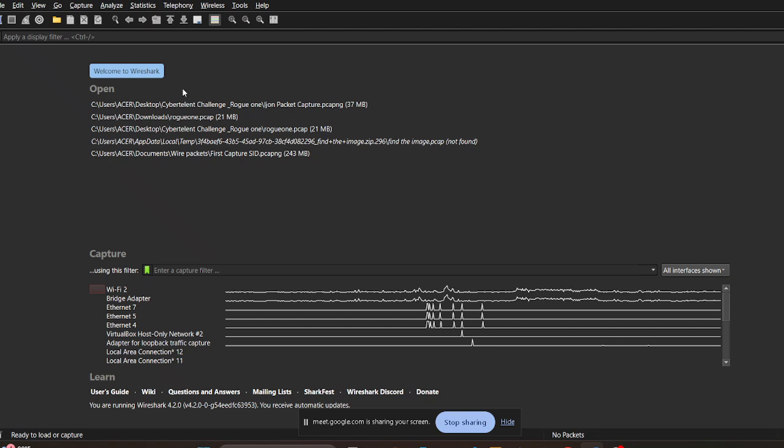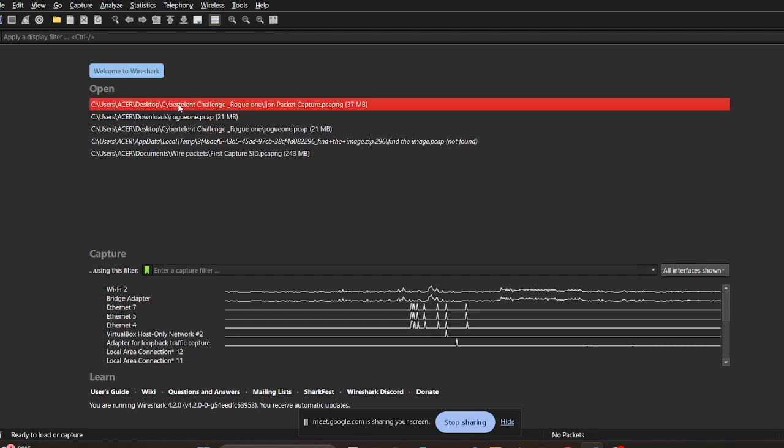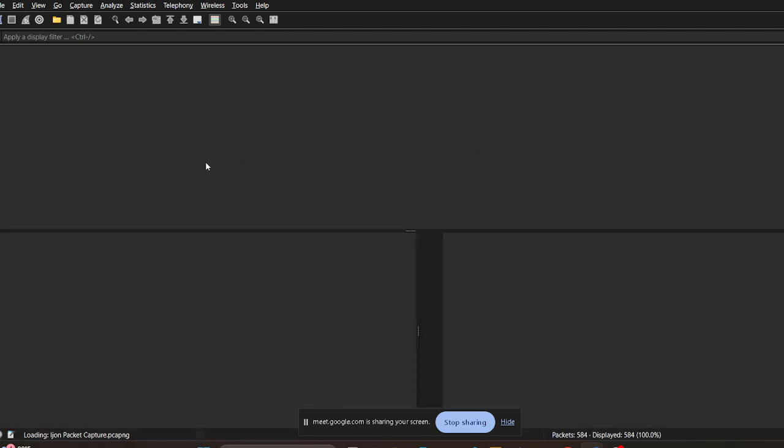All right. So I will start by loading the last packet that I captured in the last class. It's already here. You can see it's the first one here. So I'll double click on it, then it will load it for me.